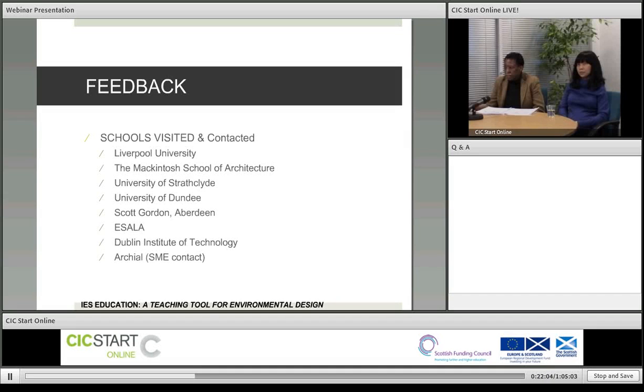Unfortunately, because of the timing of the project, we were more able to talk directly to environmental design academics, those who taught the courses in these schools, and some of their postgraduate students. So one of the tasks for the next stage of this is to actually get the students to do the test runs, because the timing was very important in order to work within their design year, and by the time we'd got the program tested and ready to run, the design year had started.